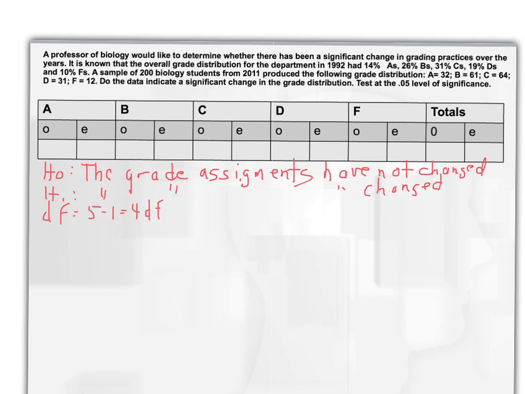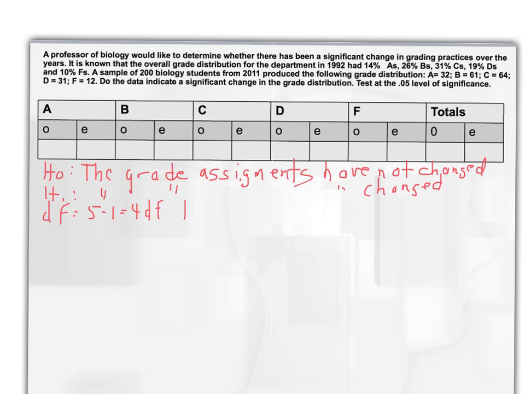And we have a critical chi-square value that we need to exceed. In this case, if we go to our table and look at the row for 4 degrees of freedom at the 0.05 level, we need to exceed a chi-square value of 9.488.